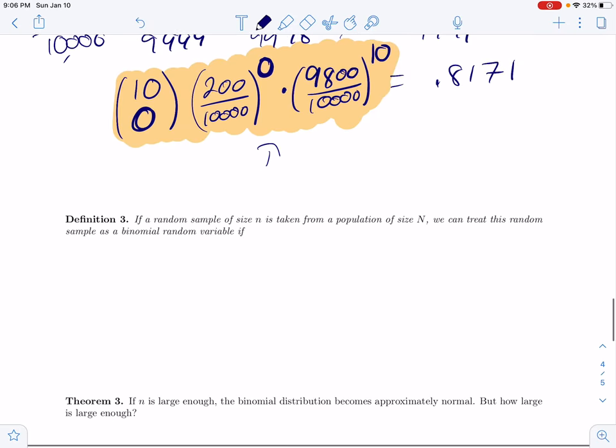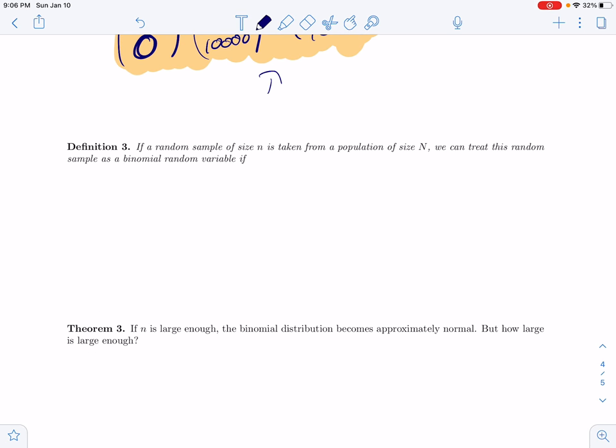And this gives us a rule, right? If a random sample of size n is taken from a population of size capital N, we can treat this random sample as a binomial random variable if, and it's the 10% rule, lowercase n divided by capital N is less than 0.1.